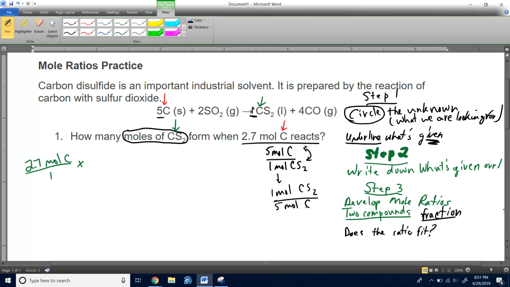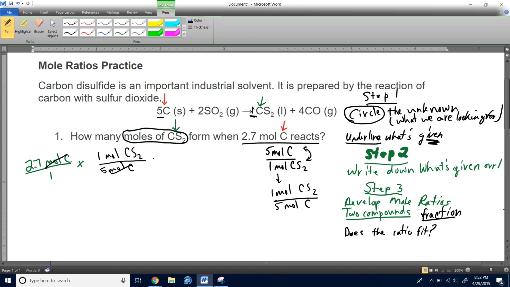Okay, so this gives us the correct expression to put in for our problem. Now if we did this correct, we could see that moles of carbon cancel out.